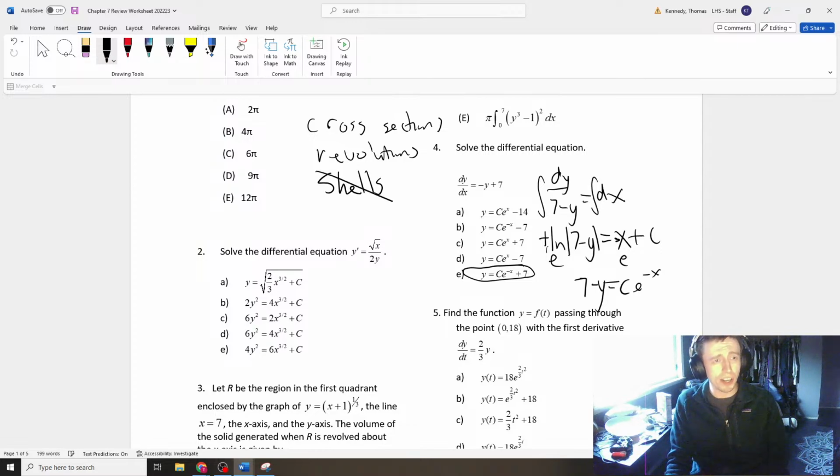The reason why I don't teach shells until after the AP tests is because for both cross sections and revolutions, the variable they bring up, like perpendicular to x, you use x. And if you reflect over the x-axis, you use x. It's very logical here. If the variable is x, you use x.